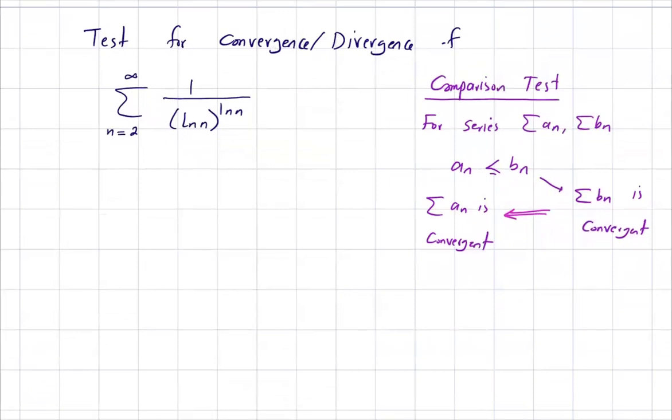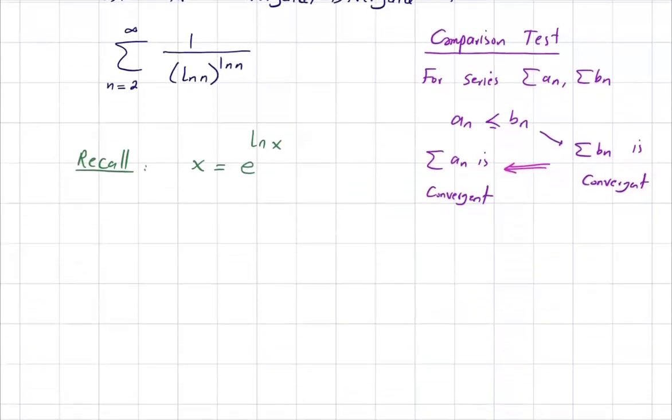We're going to do a little bit of algebra and the properties of ln. Recall that from algebra, x can be written as e to power ln of x. ln and e are inverses of each other, so they get canceled out. Wherever you see x, you can write it as e to power ln of x.